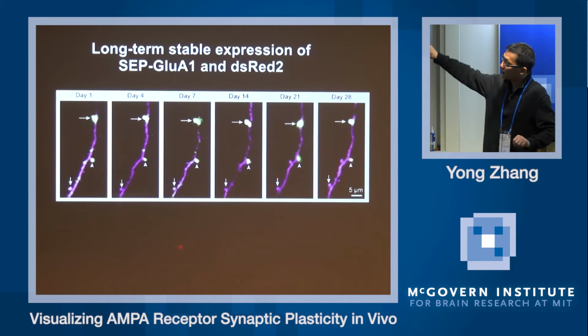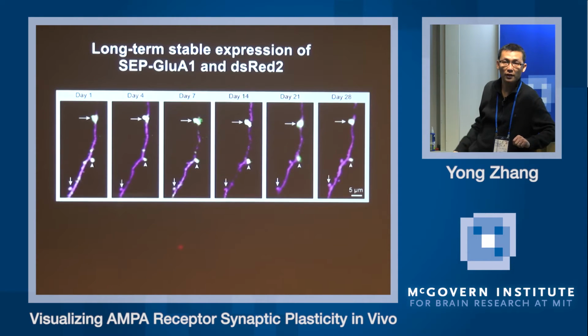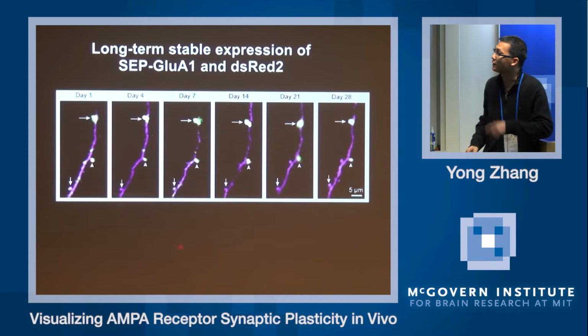For this spine, there's a very strong AMPA receptor signal in the beginning. This one is always the strongest in terms of AMPA receptor intensity, while this one has relatively fewer AMPA receptors and has been kept stable during this 1 month period.